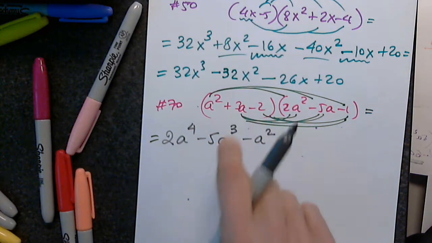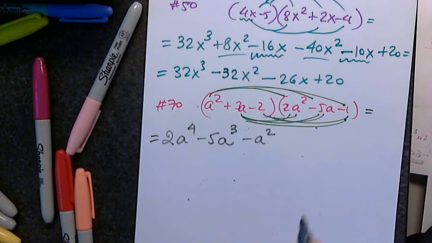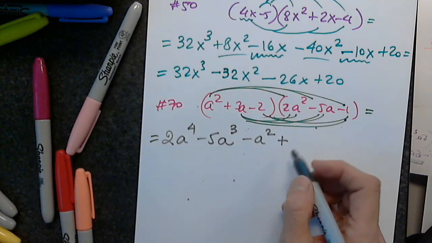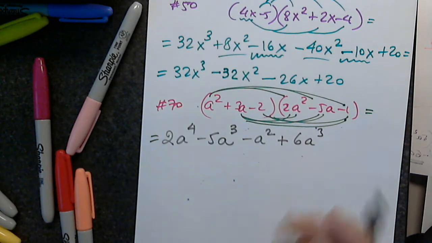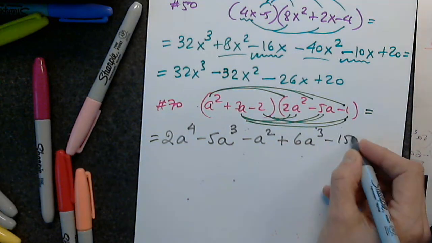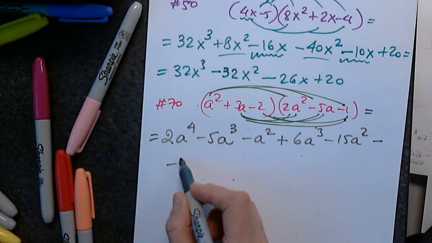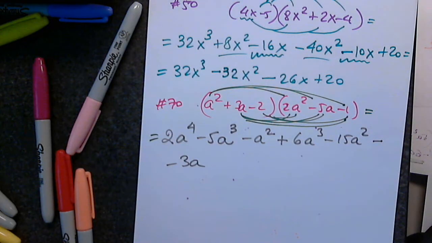Now I'm distributing 3a. So plus what? 6a cubed. Minus 15a squared. Awesome. Minus 3a. I finished distributing 3a to the three terms in the second trinomial.